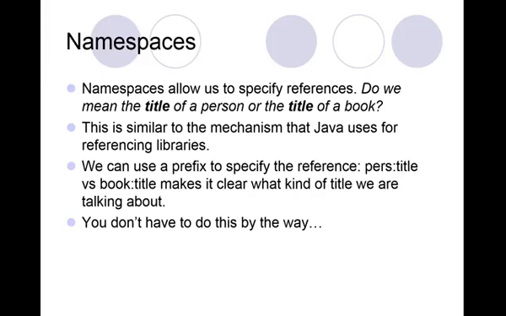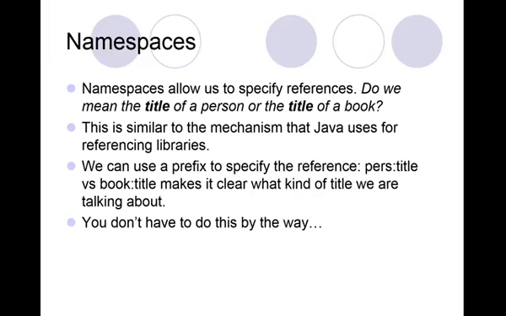Those are all titles. But in the realm of a book, a title has a totally different meaning. And so we can use the namespace to disambiguate which title we're talking about, the title for a person or the title of the book. So the namespace is the person or the book, okay?